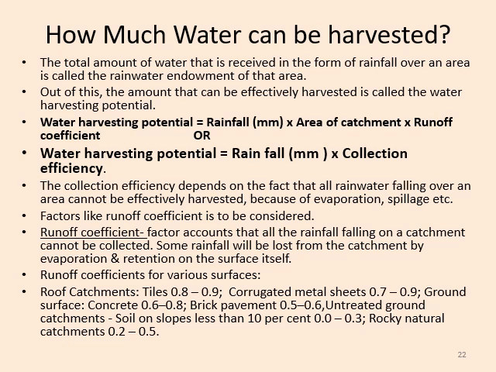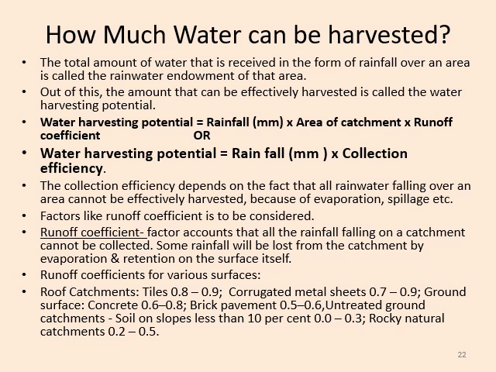The runoff coefficient accounts for the fact that all the rainfall falling on a catchment area cannot be collected. Some rainfall will be lost from the catchment area by evaporation or retention on the surface itself. The runoff coefficient varies for different catchment areas.